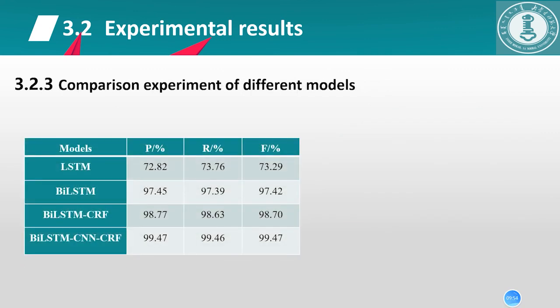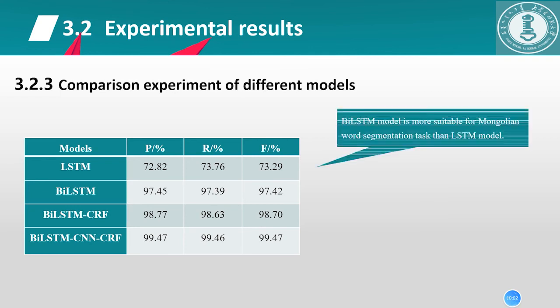The third experiment compares the performance of different models on word segmentation tasks. The experimental results show that the BiLSTM model is more suitable for the Mongolian word segmentation task than the LSTM model.